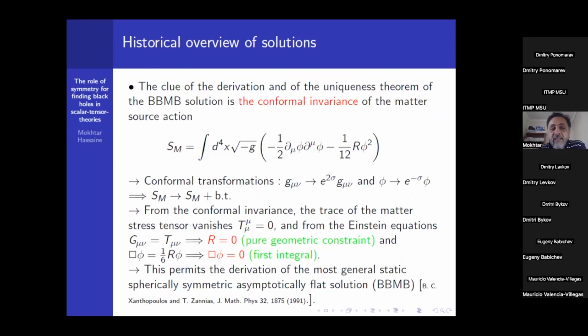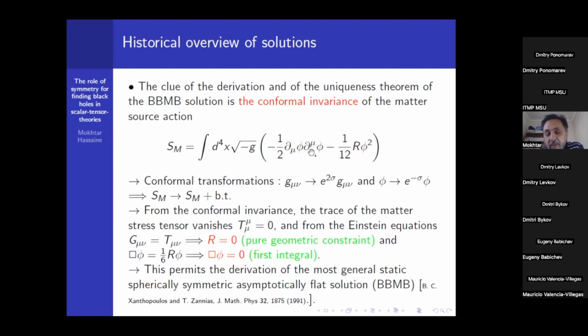So as I was saying, the clue of the derivation of the uniqueness theorem, up to Schwarzschild, thanks for reminding me that, is that the pure matter action is conformally invariant. What I mean is that if I consider an arbitrary conformal transformation of the metric, where sigma is an arbitrary function, and I rescale phi with the same function but a different weight, this action maps into itself up to a boundary term.